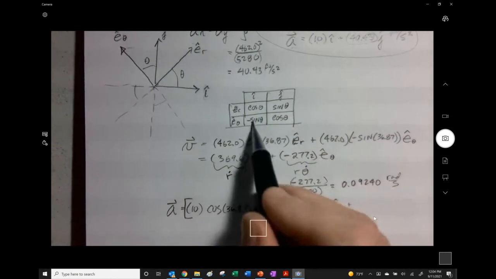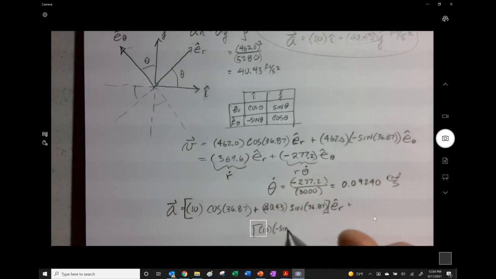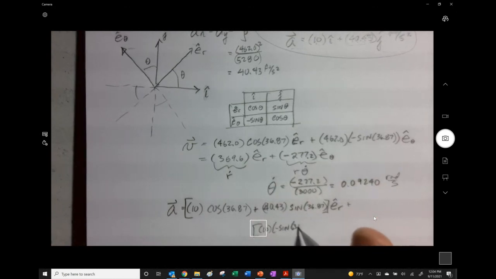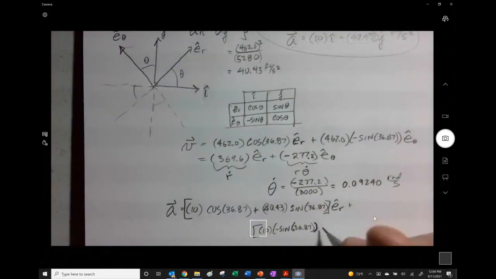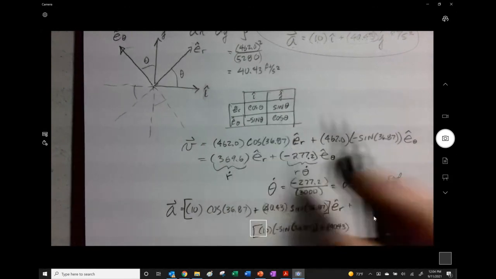Now I go 10 times the negative sine of 36.87, and then plus 40.43 times cosine.